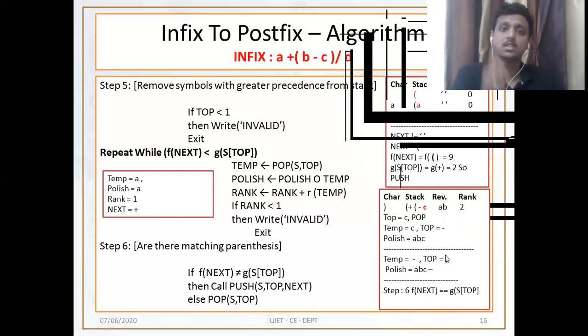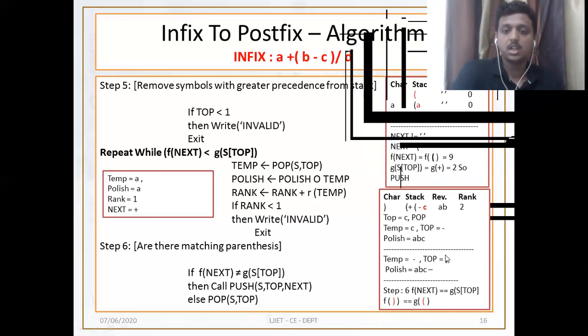This condition is true because after removing C and minus, top points to the opening bracket, and f of next is the closing bracket. Both have the same precedence, so this condition is satisfied and you need to pop from the stack. The opening bracket will be popped out, and then you need to get the next character.